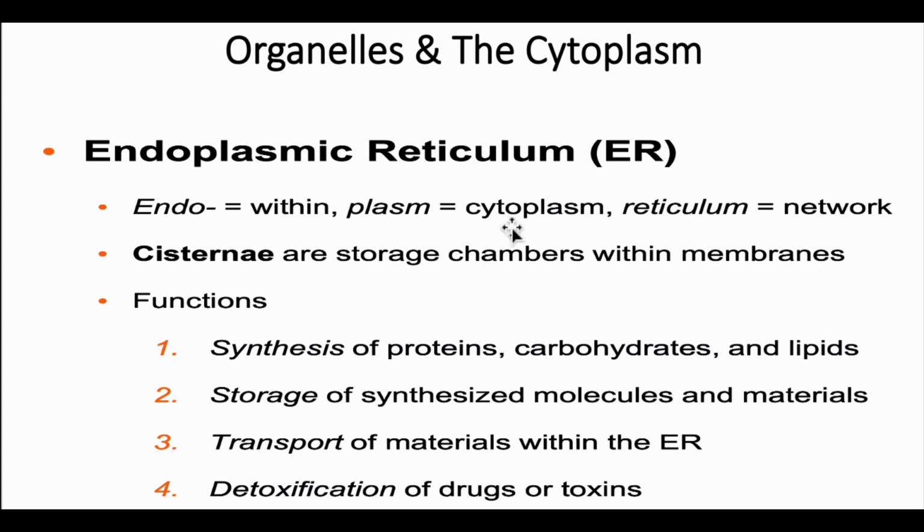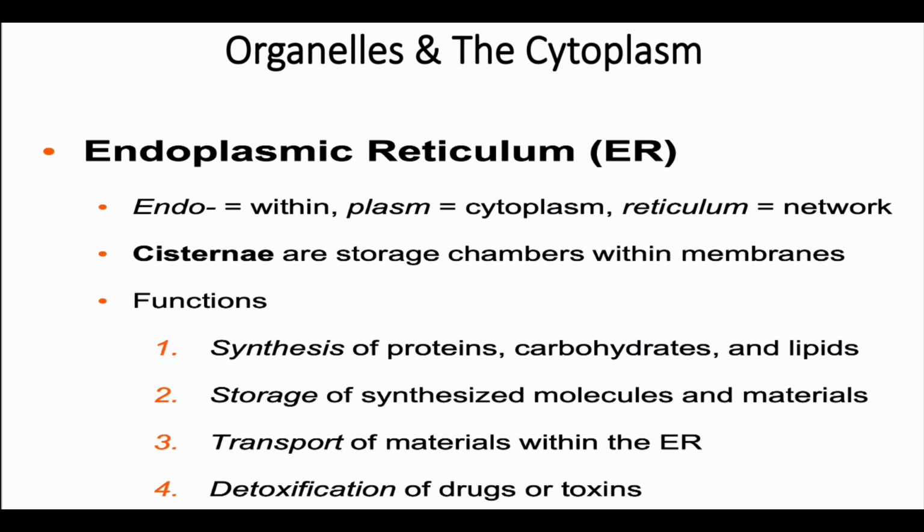Well, the endoplasmic reticulum could either have these ribosomes on it, or not have the ribosomes on it. Where you find those ribosomes, they're going to be producing proteins. When the ribosomes are not there, then they produce the other stuff. Of course, when you produce it, you're going to store some of it as well. So storage of some of these synthesized molecules also occurs within the endoplasmic reticulum.